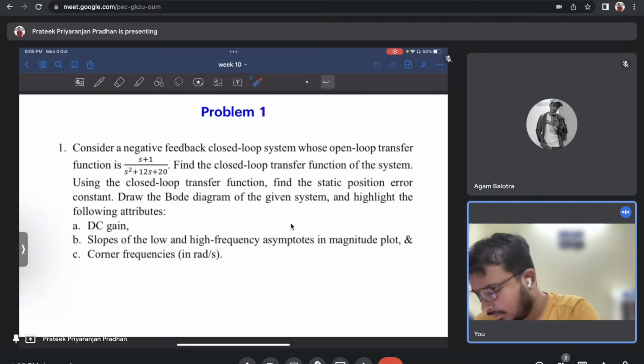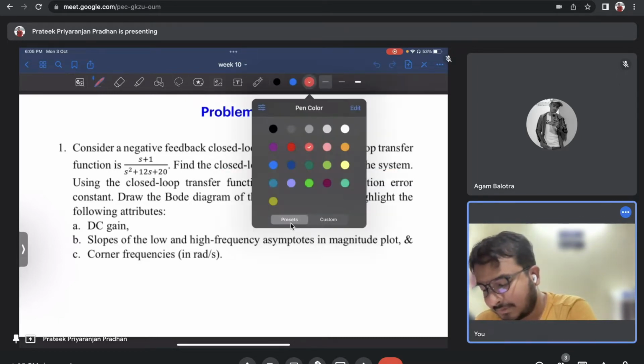The question says, consider a negative feedback closed loop system whose open loop transfer function is given as this. Find the closed loop transfer function of the system. This part is very straightforward.